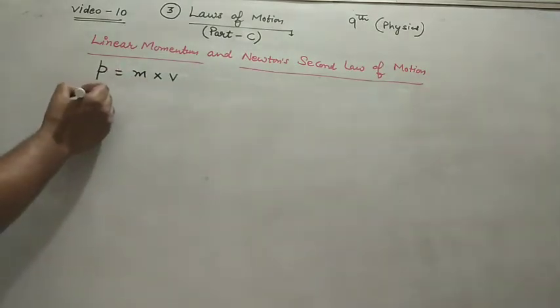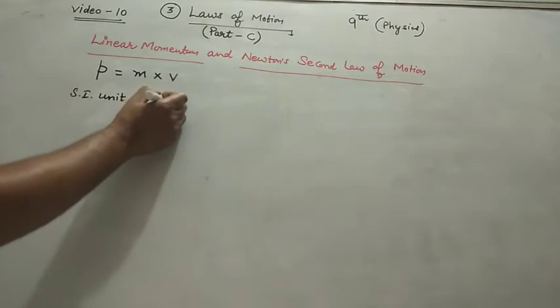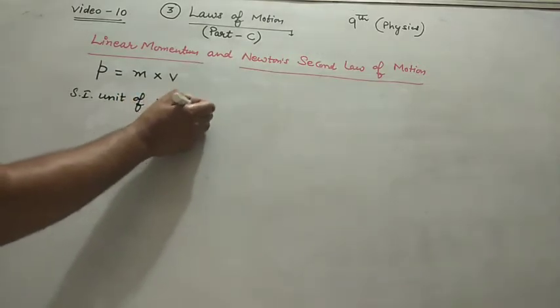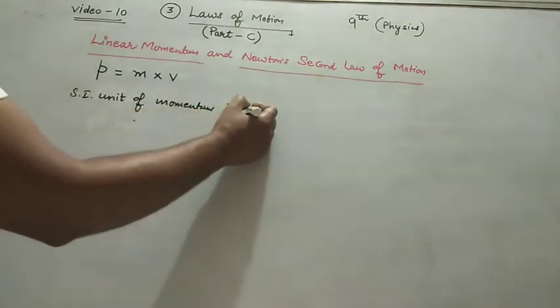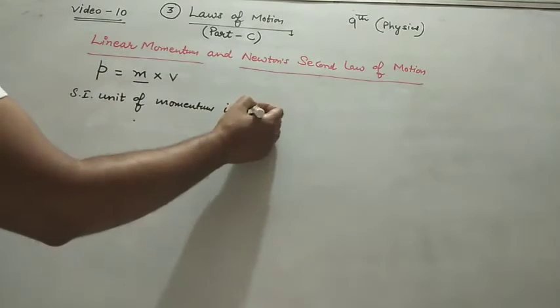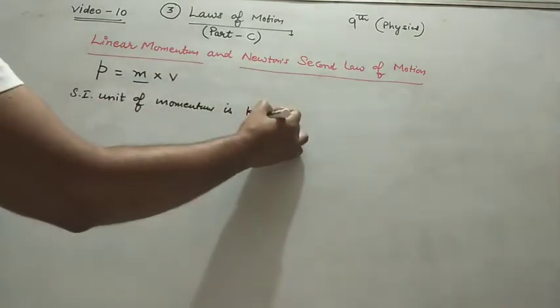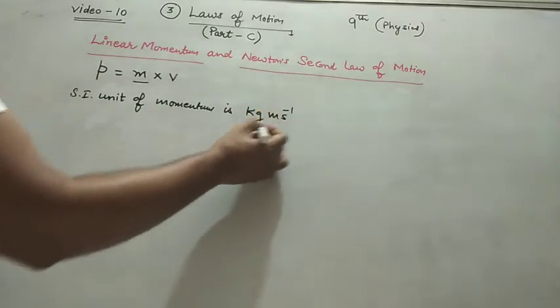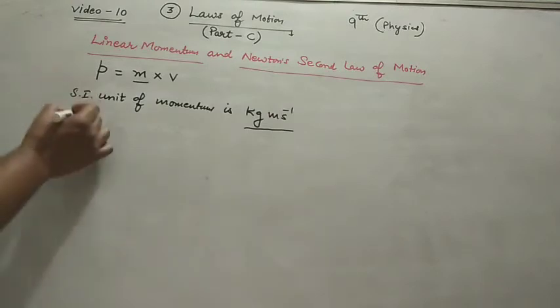So the SI unit of momentum is, for mass kilogram and for velocity meter per second. So the SI unit is kilogram meter per second.